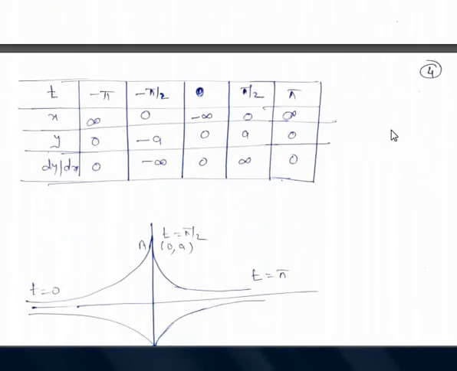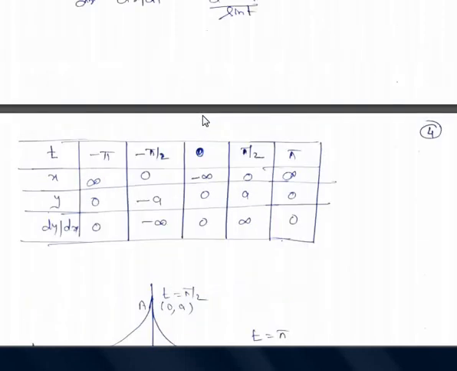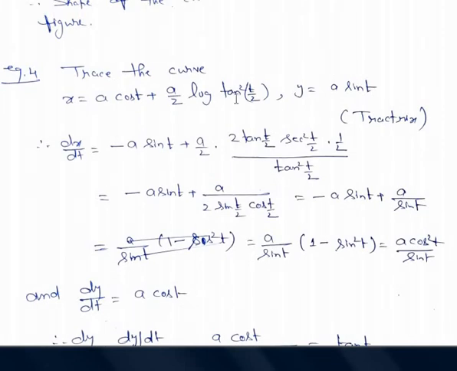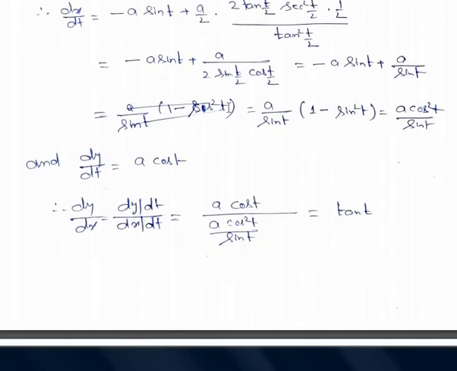So now we form the table. We take values of t from minus π to π: minus π, minus π/2, 0, π/2 and π. Now when t is 0, what is x? If you put t = 0 in this, what is log of 0? Log of 0 is minus infinity.